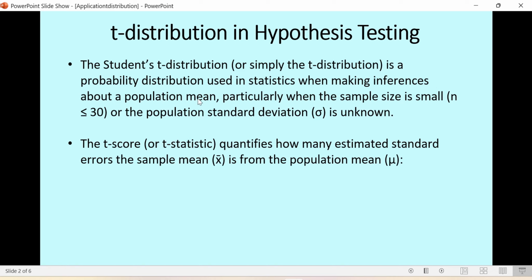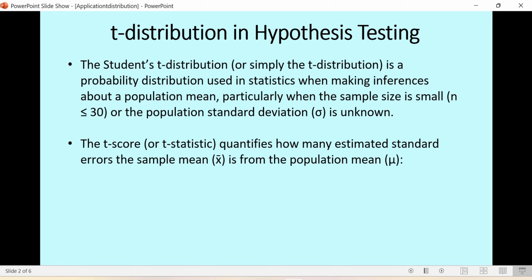So if we want to test a hypothesis about the population mean, when we have enough sample size, several hundred for example, and the population is not very far away from normal, then we can use the normal distribution from the sample mean to do hypothesis testing for the population mean.